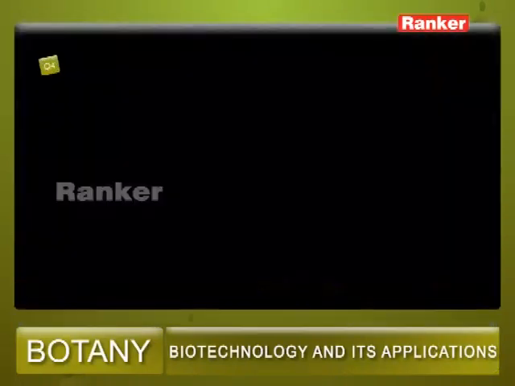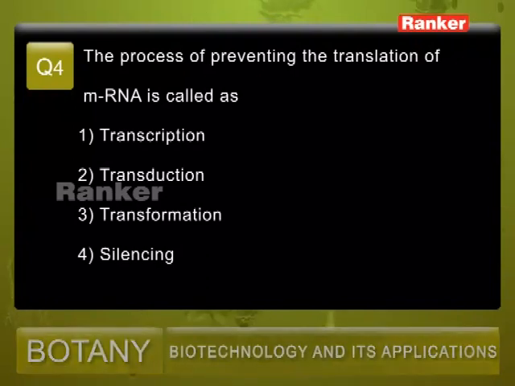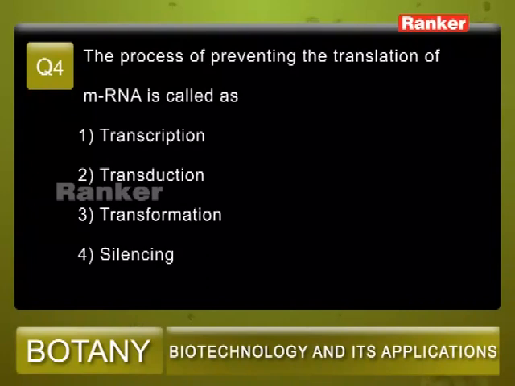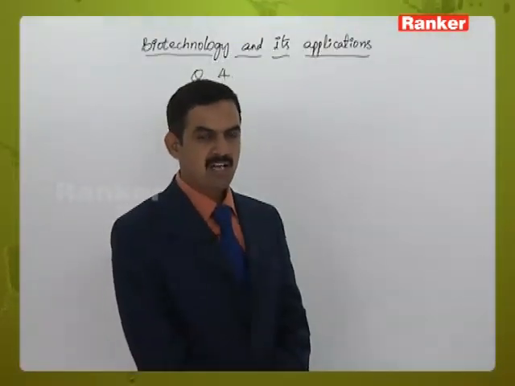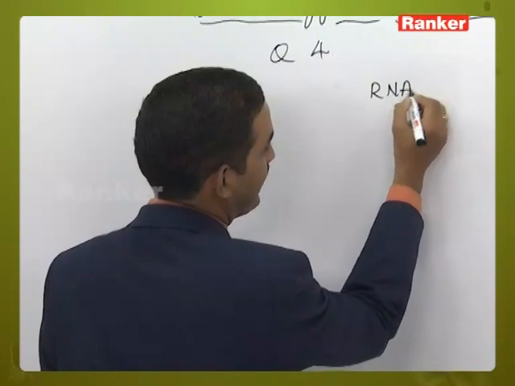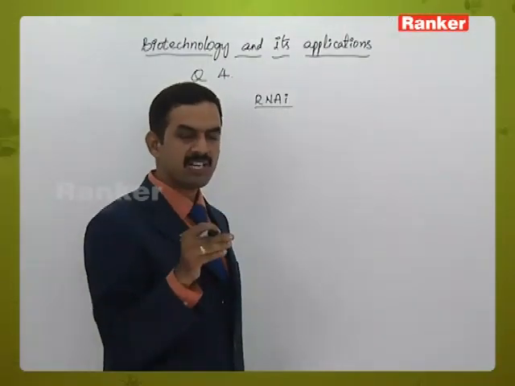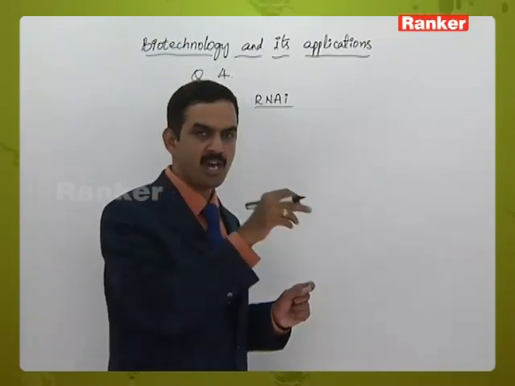Question number 4. The process of preventing the translation of mRNA is called as. Options: 1. Transcription, 2. Transduction, 3. Transformation, 4. Silencing. Okay, here already we had discussed RNAi, that is RNA interference, where a single stranded RNA is introduced into the organism.